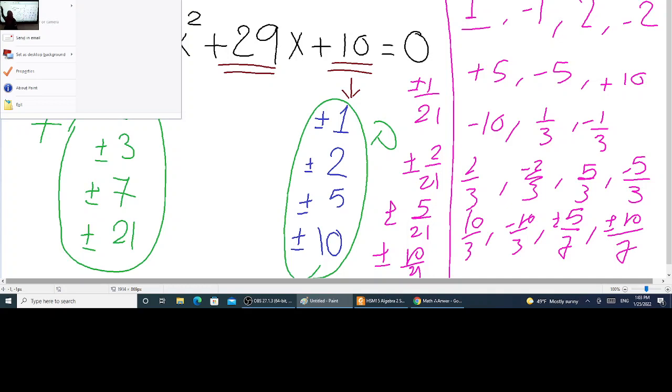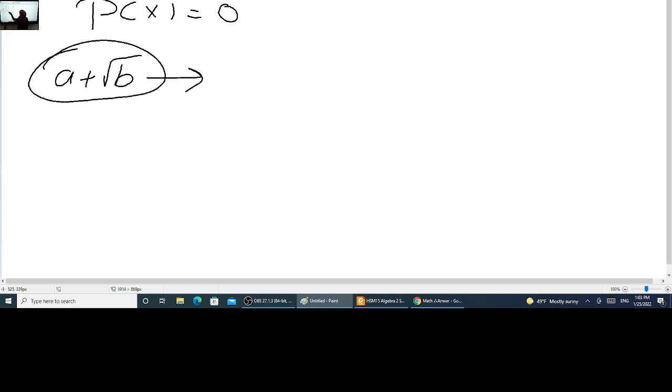This is a very simple theorem. If one of the solutions of this polynomial has the form a plus square root of b, then the conjugate of this expression will also appear as a root of this polynomial.